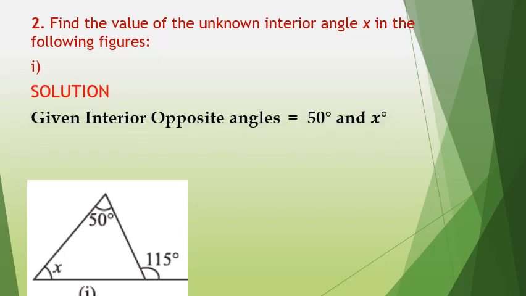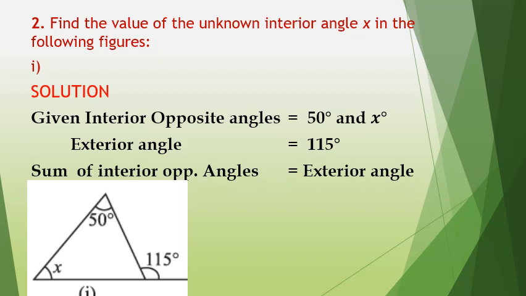Given interior opposite angles are 50 degree and x degree. Exterior angle equal to 115 degree. Sum of interior opposite angles equal to exterior angle. Hence x plus 50 equal to 115. Therefore x equal to 115 minus 50 equal to 65 degree.